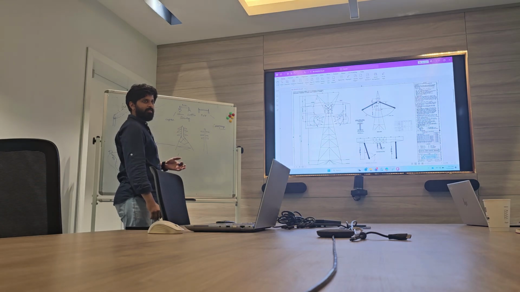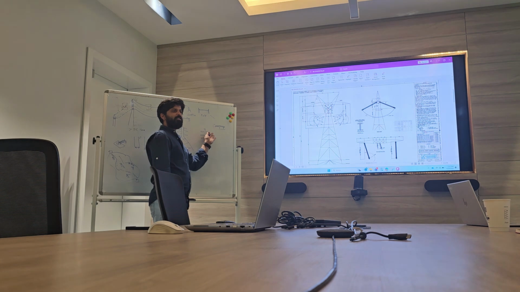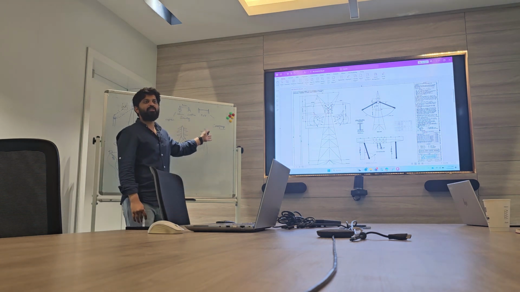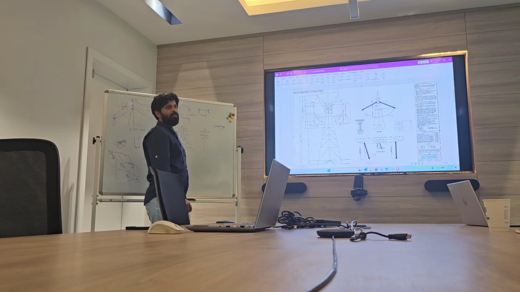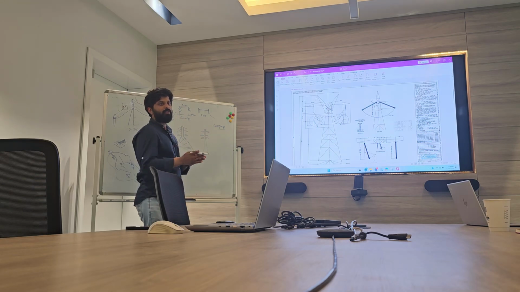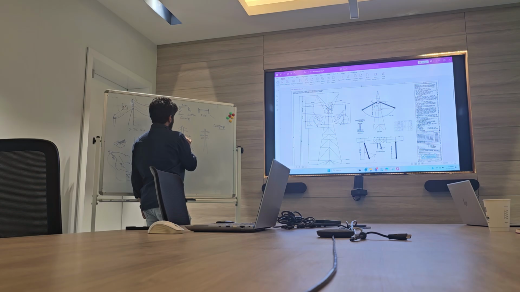Creepage distance tells you your pollution levels and how much current you are going to use. Based on this, how long your insulator should be, and what the spacing between your conductors should be. So based on creepage distance, you decide the width of the cross arm, because you have to put an insulator, either suspension or tension.